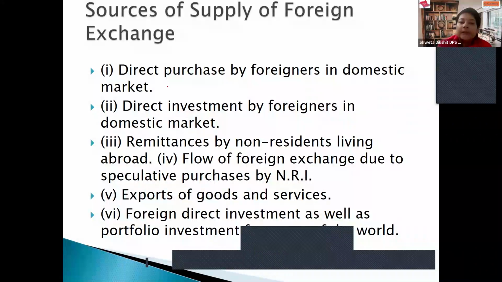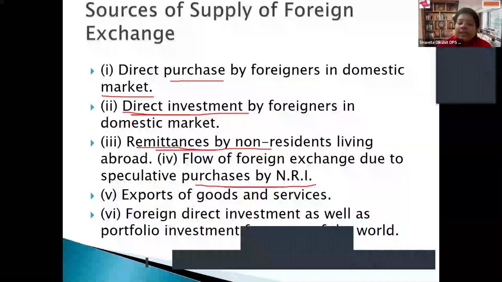As it is written, when foreigners are purchasing anything from your market, when foreigners are making direct investments in your market, when you are receiving remittances from the rest of the world, you receive foreign exchange. When NRIs are sending money home and making investments in the home country, then also we get the supply.